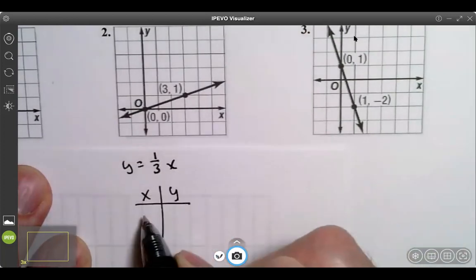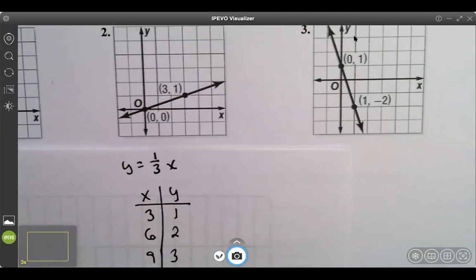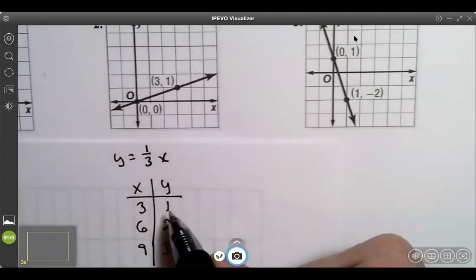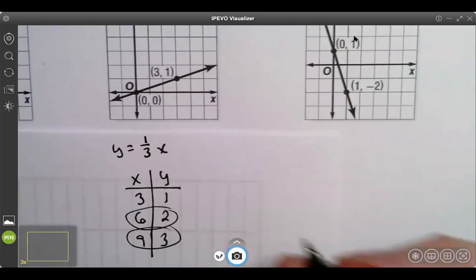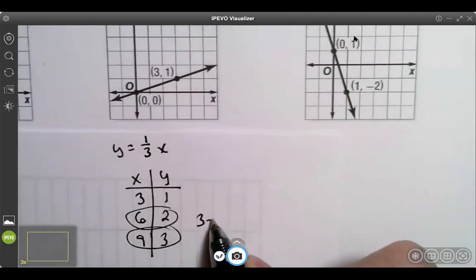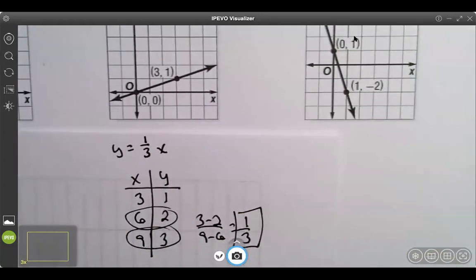So if I plug 3 in for x, I get 1 for y. If I plug 6 in for x, I get 2 for y. If I plug 9 in for x, I get 3 for y. If I want to know the slope of this line, I can do the difference in my y values. It doesn't matter which ones you pick. This time I'll pick these two. The difference in my y's, 3 minus 2 over the difference in my x's, 9 minus 6. I get 1/3. My slope is 1/3.